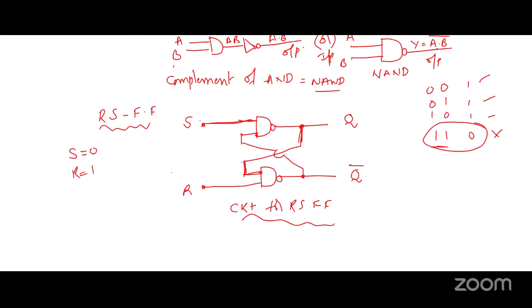S 0, R 1. If 0 is there, 0 bar is 1. Again, this 1 is fed to here. 1, 1. What is the output? Getting my point? 1, 1 is the output. This case, you can call it as a set. Okay. Set.